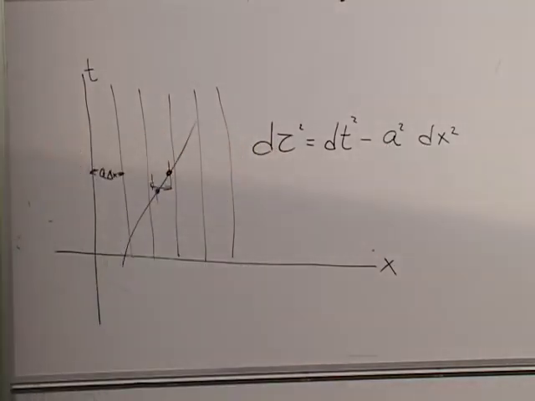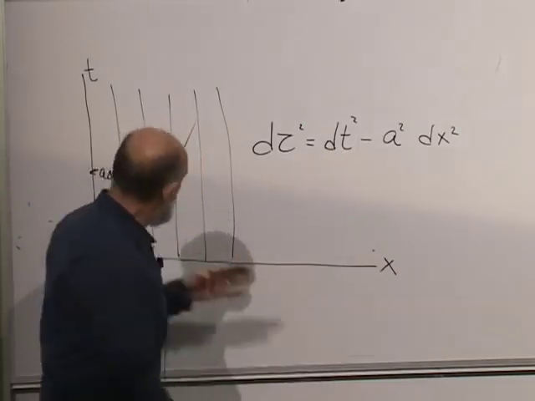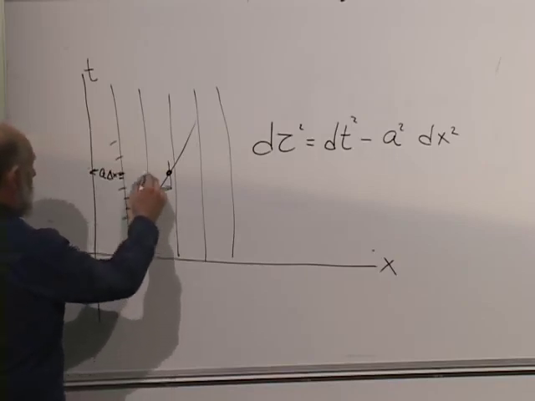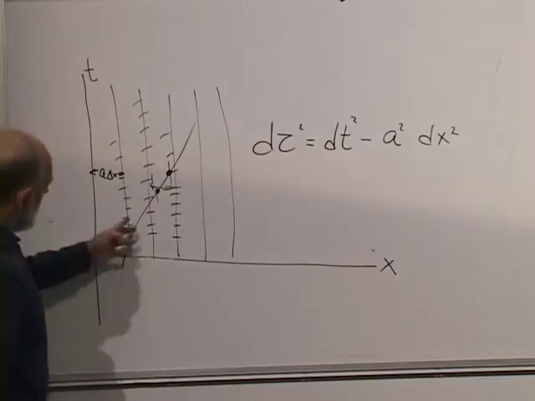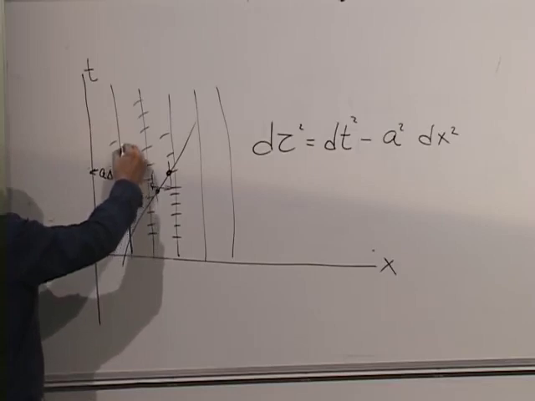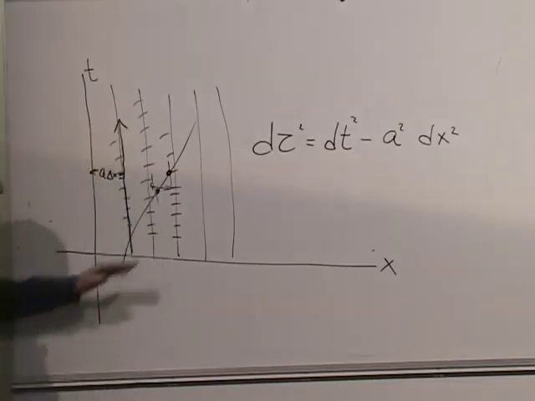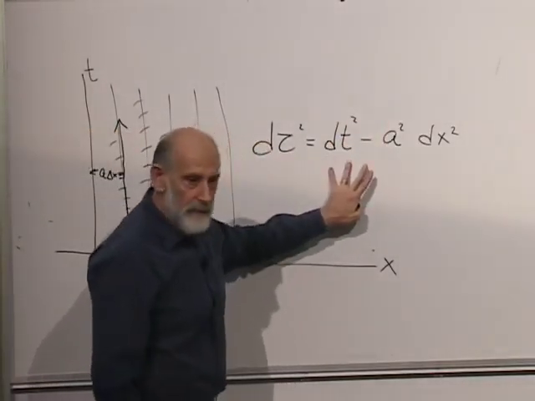All right, so here is our formula now for the proper time along a trajectory. It's not just dt squared. Now t here is time measured by clocks moving along here, ordinary clocks moving with this galaxy. If x didn't change, if we were talking about observations moving with a galaxy, we wouldn't have any dx squared, and we would just say the proper time was the ordinary time.